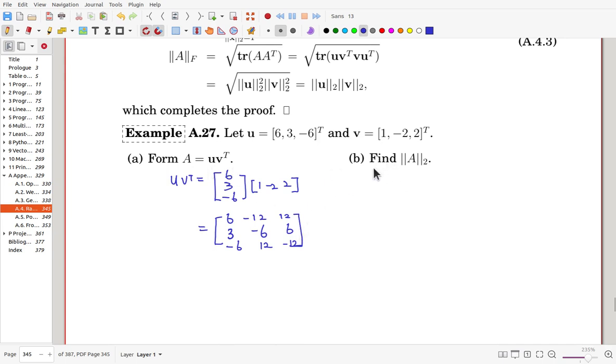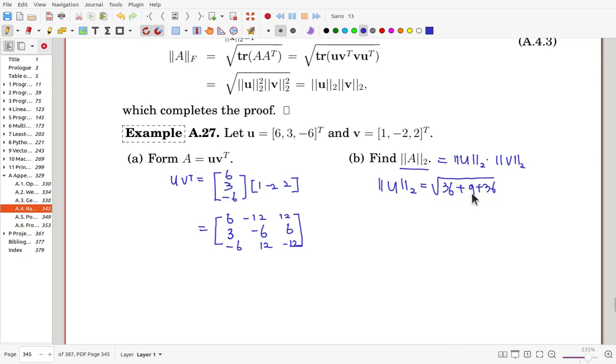Now it is asking to find the 2 norm, which must be the same as the U 2 norm times the V 2 norm, right? So let's get the U 2 norm, which is the square sum and square root. That is 36 and 9 plus 36.